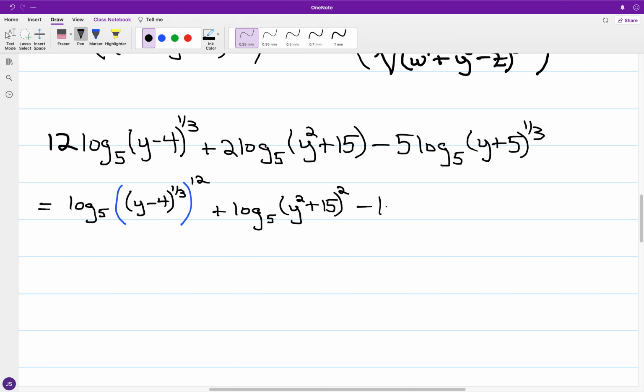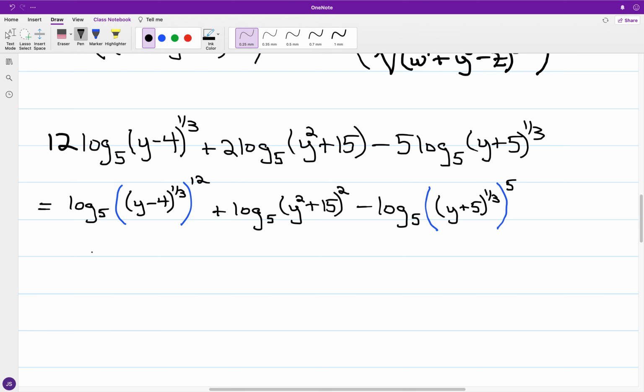And with the third term, we have minus the base 5 logarithm of y plus 5 to the 1/3, having shifted the 5 into exponential position. So I'm going to have the quantity (y plus 5) to the 1/3 raised to the 5th.